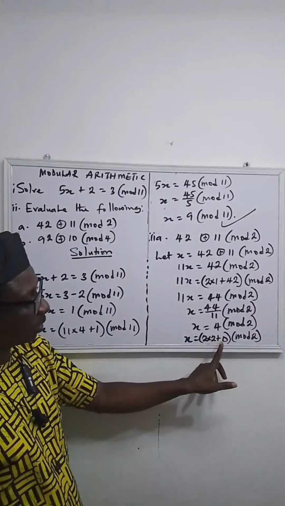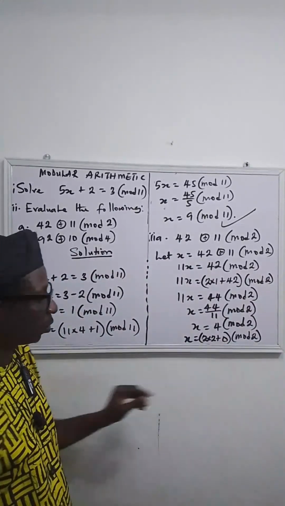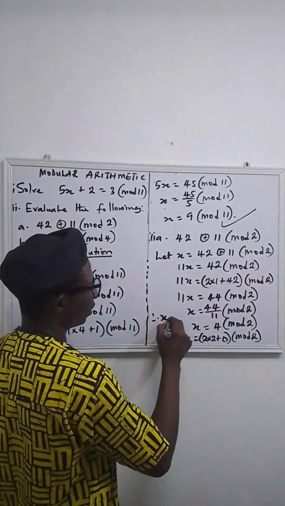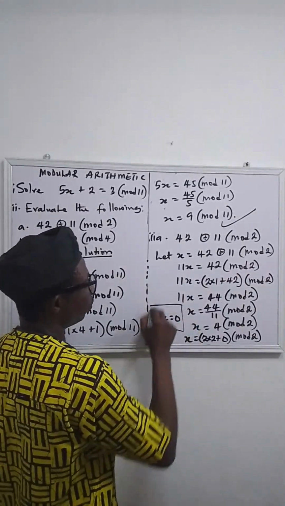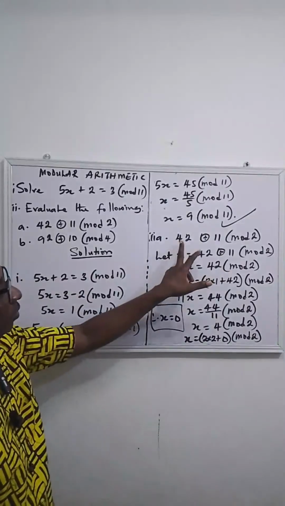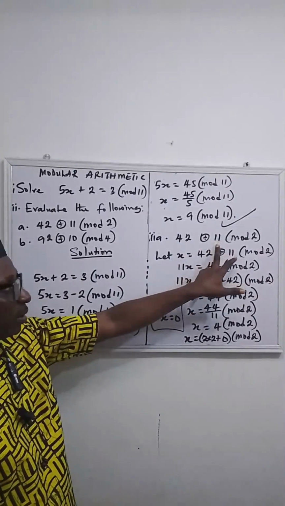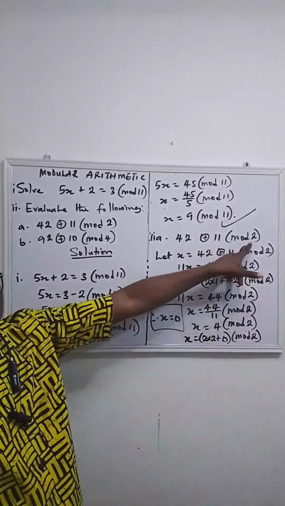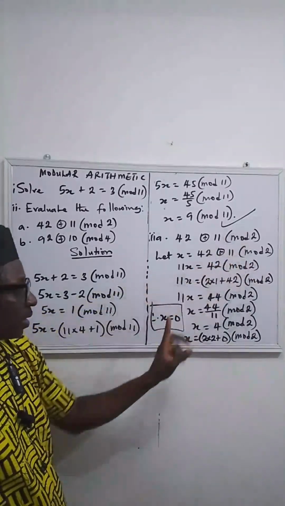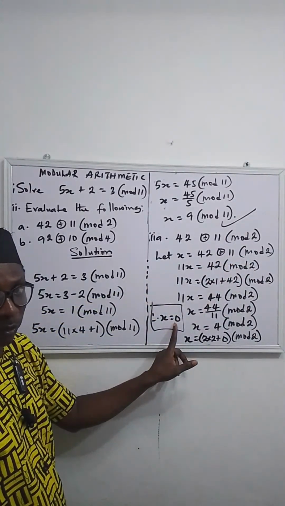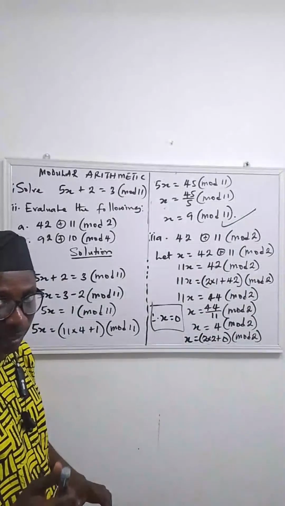The remainder is 0. So we now say therefore x equals 0. So for this question, when you divide 42 by 11, the answer in mod 2 is 0. I hope you understand that.